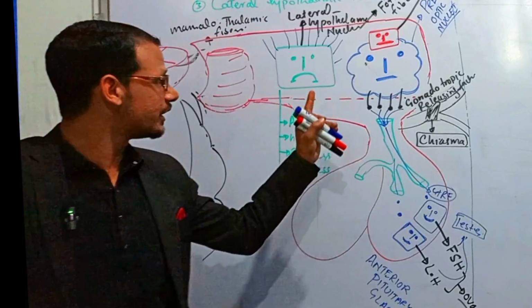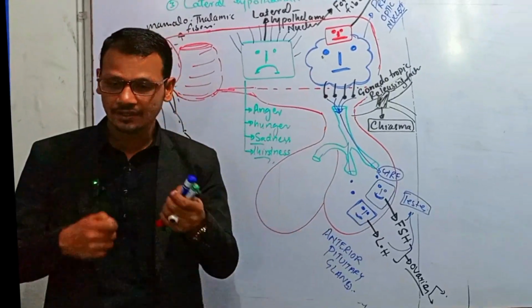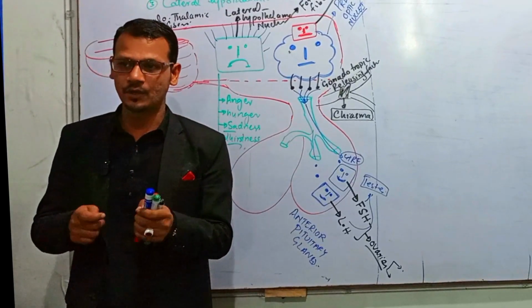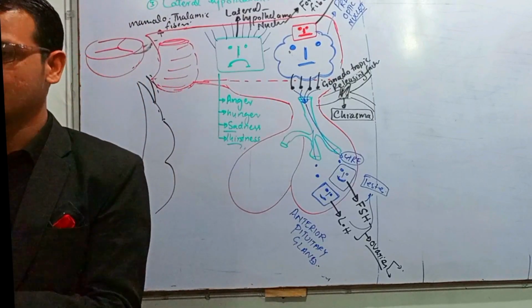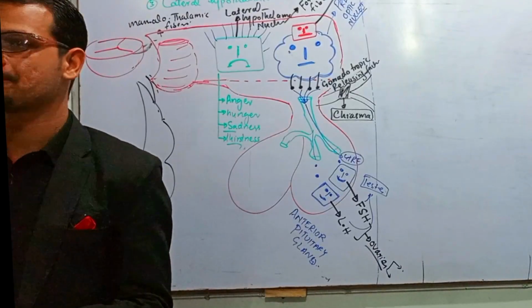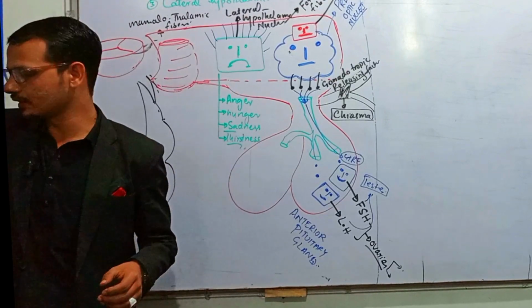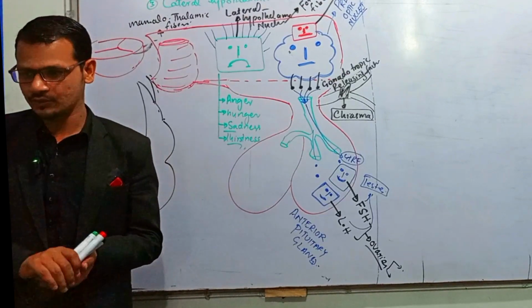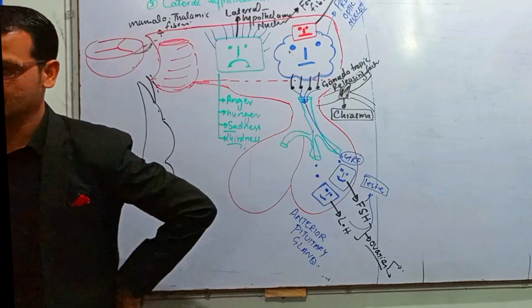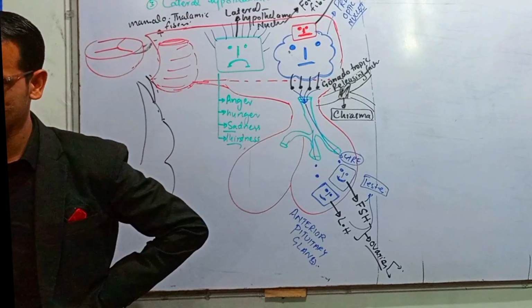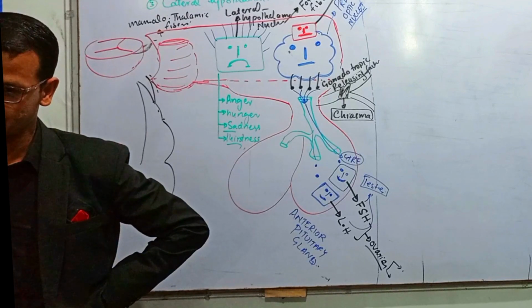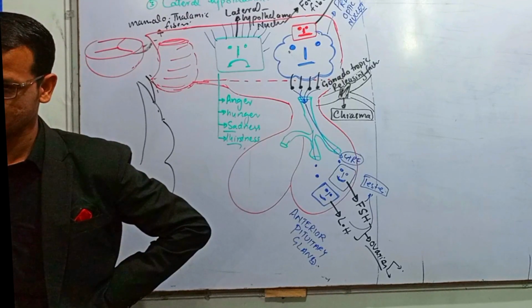Because when this nucleus is activated, you will feel thirsty, and now you will search for water for yourself. For example, if someone gets thirsty and this nucleus is not present, who will tell him or her to drink water? No one.